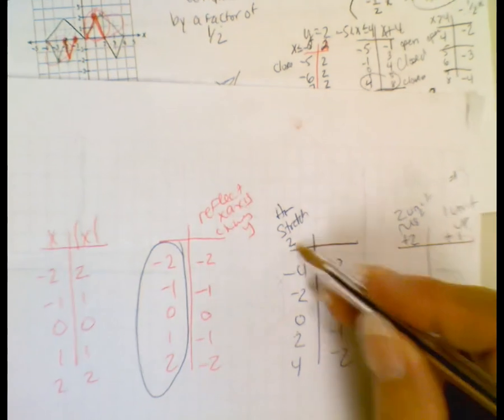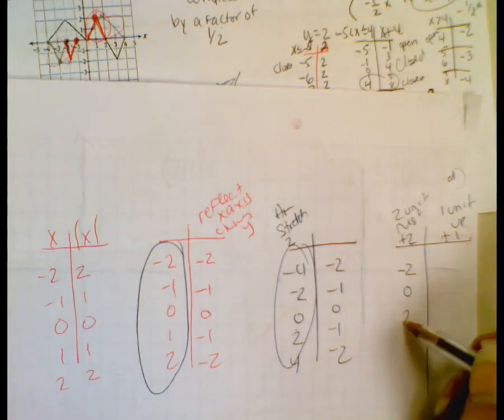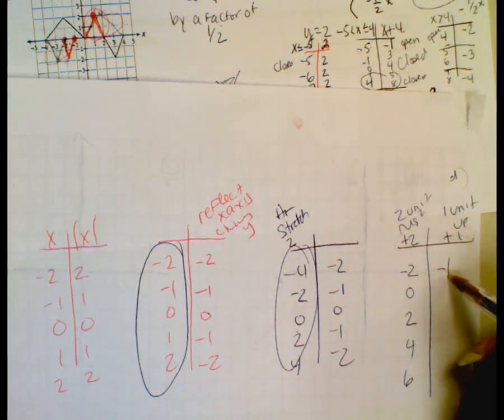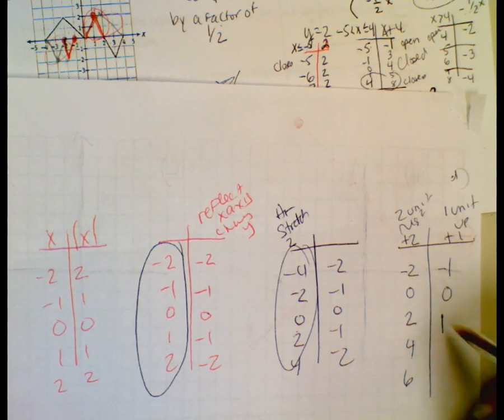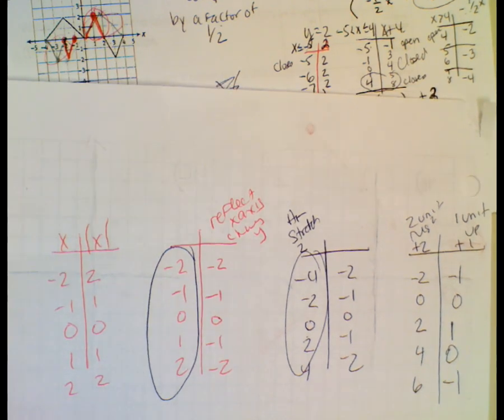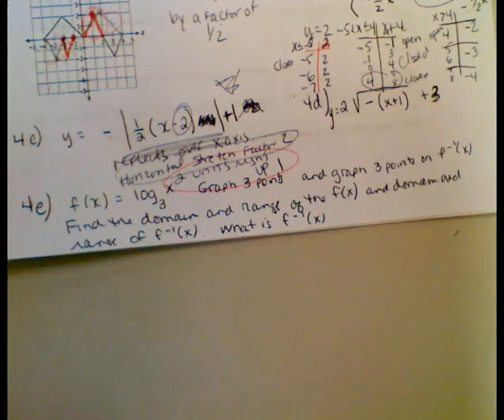So I'm going to add 2 to all of these. That'd make negative 2, 0, 2, 4, 6. And then I'm going to add 1 to all of these. Negative 1, 0, 1. Did I mess that up? No, 0 and negative 1. So this should be your final answer. So negative 2, negative 1.